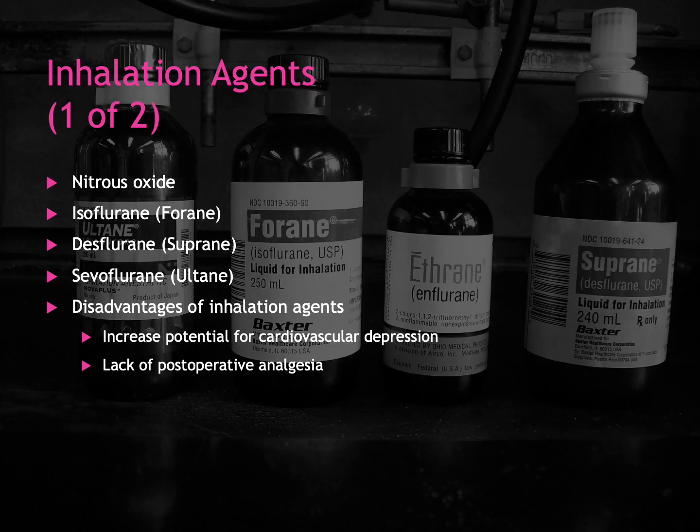The third class of general anesthetic agent is the inhalation agents. Volatile inhalation anesthetics are going to be bottled in and distributed in the liquid form, and then the liquid is going to be poured into the vaporizer on the anesthesia machine, and it's going to be converted to a gas or vaporized, and then that is how it's administered to the patient.